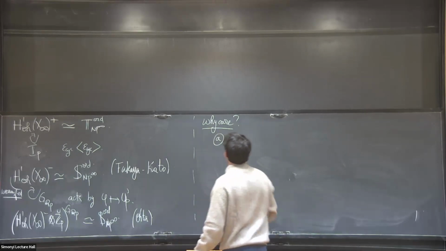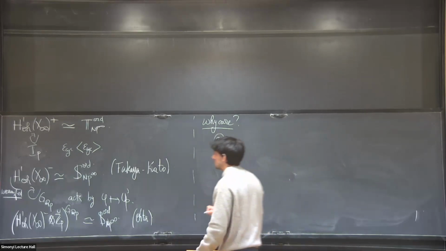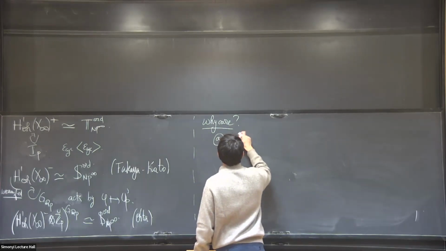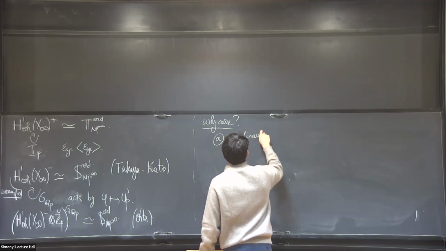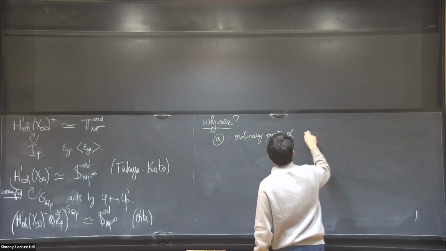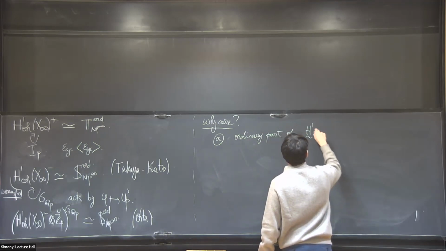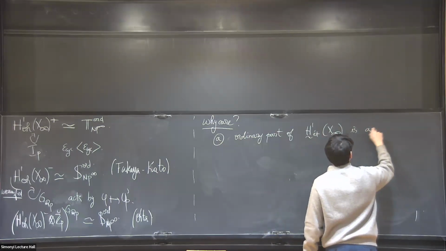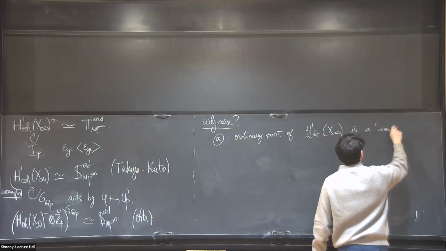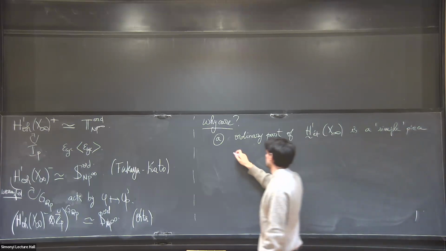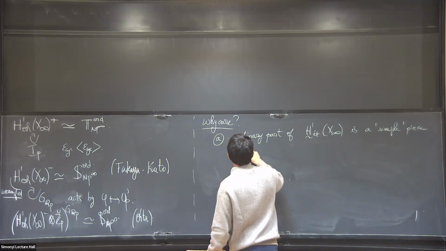As Christian's question alluded to, this ordinary part of H1 tilde étale is a simple piece that you can cut out of completed cohomology.